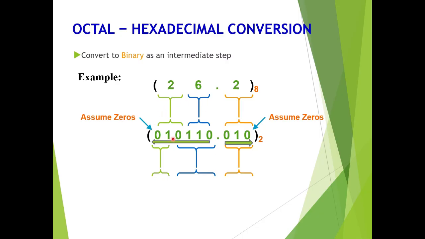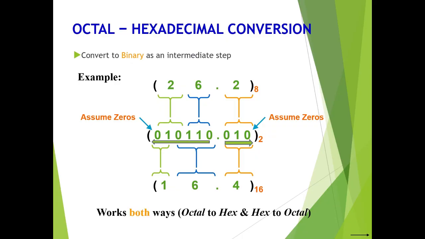Similarly, this is 01, then we have to have 2 zeros, so 0001. Similarly, 0100 is 4. The same example we have taken so that it will be easy for you to remember. So the answer is 16.4 to the base 16. And this works both ways, octal to hex, hex to octal.